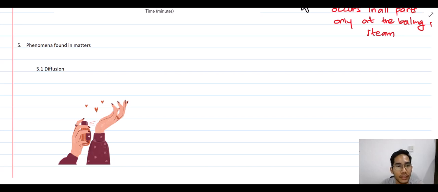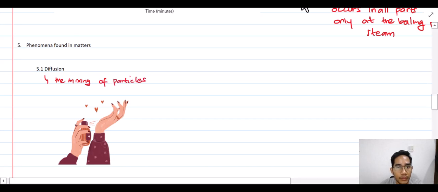So diffusion can be defined as the mixing of particles to fill up the space.